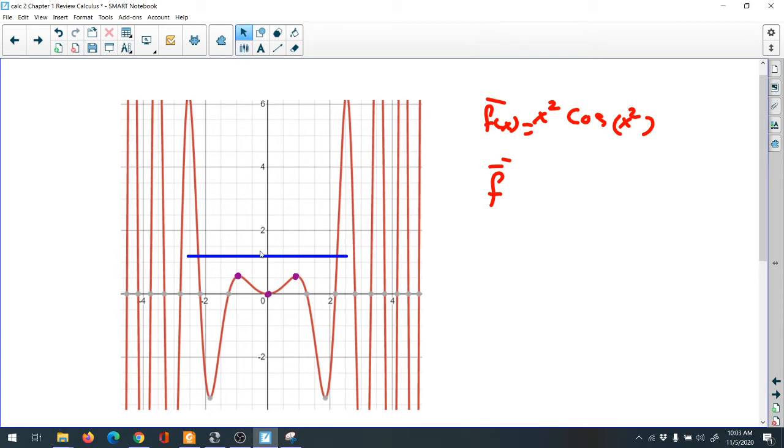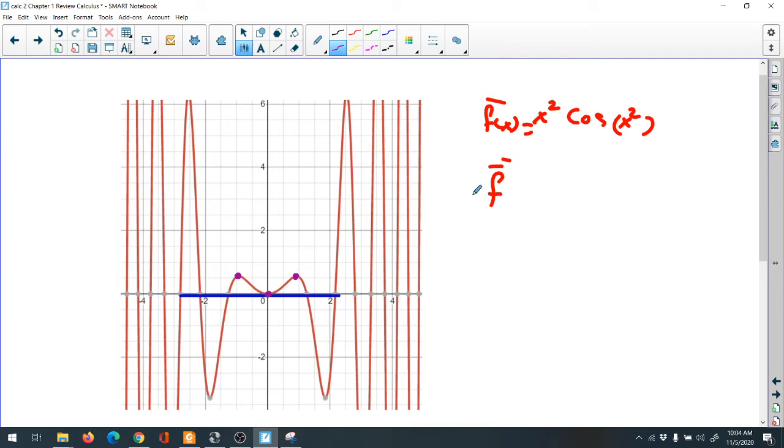If you draw a tangent line, it will touch the function at this point with a slope of 0, and the same at the other points. So the answer is 3 inflection points.